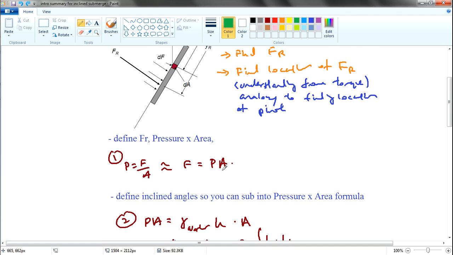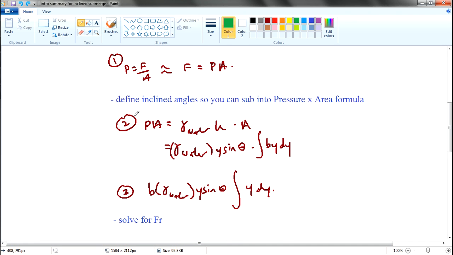So force equals PA. And from topic 2, we also learned that pressure can be written as rho g h. Rho g itself is the specific weight. Specific weight is not equal to specific gravity, so you have to make sure of that.